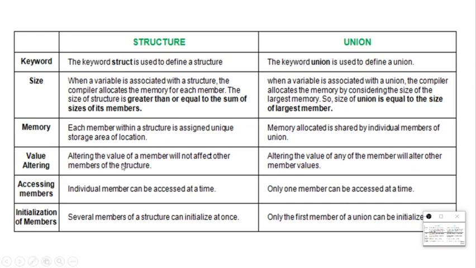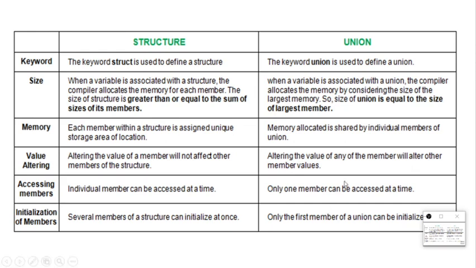Coming to the structure, altering the value of a member will not affect the other members of the structure. Because each has separate memory, if I delete the serial number from the structure, it will not affect the other variables because they have their own memory.